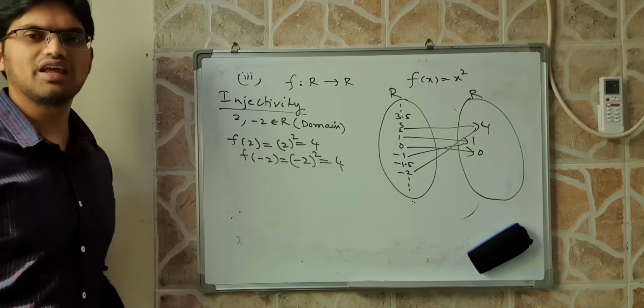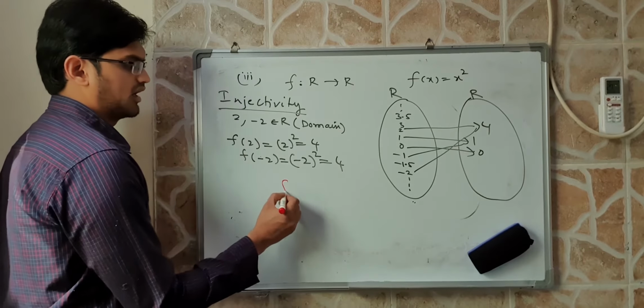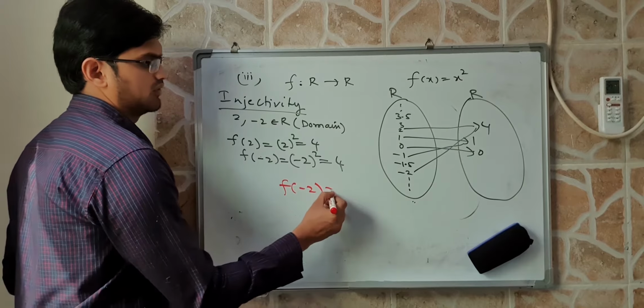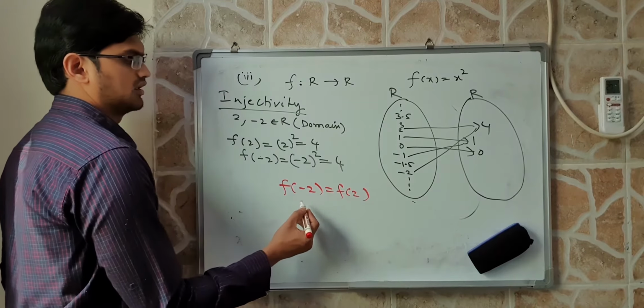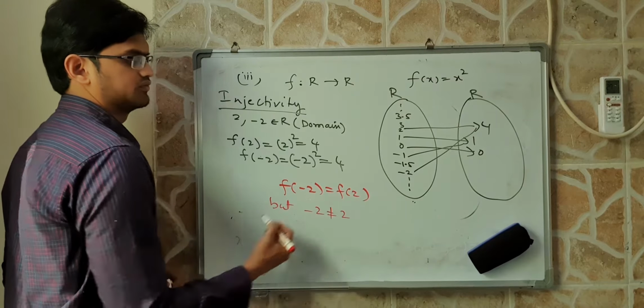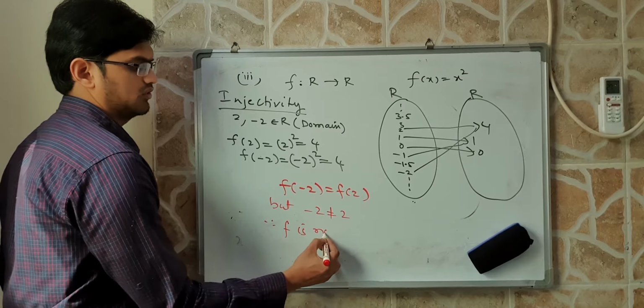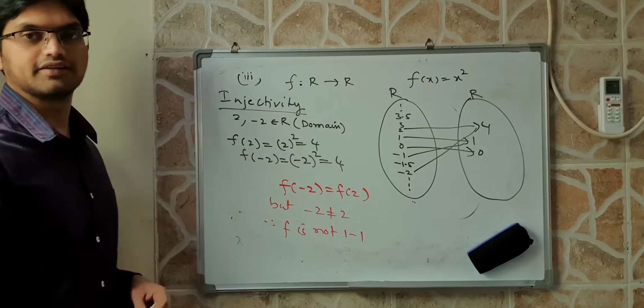I can prove the same proof which we have taken, that is I'll equate f of -2 is equal to f of 2, but what is happening? -2 is not equal to 2. Therefore, f is not 1, 1 in this case.